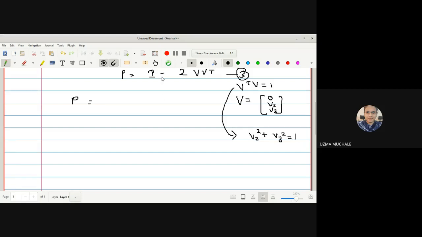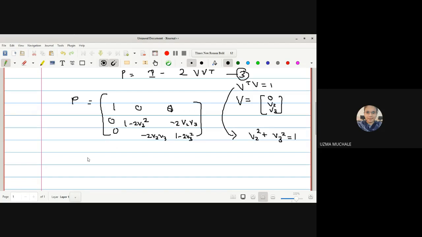So with the help of equation 3, we get the matrix P of the form 1, 0, 0; 0, 1 minus 2V2 square, minus 2 V2 V3; 0, minus 2 V2 V3, 1 minus 2 V3 square.